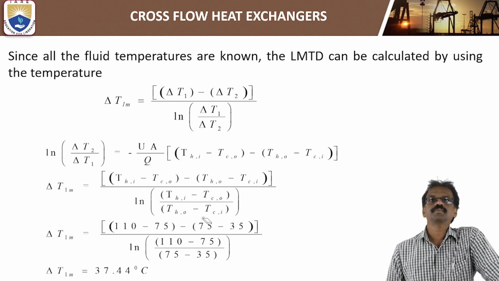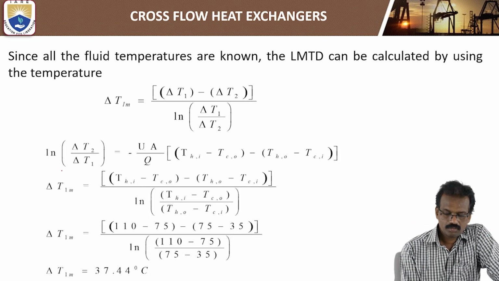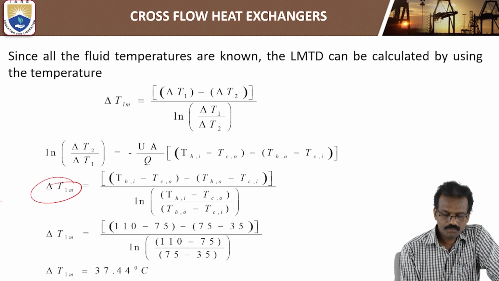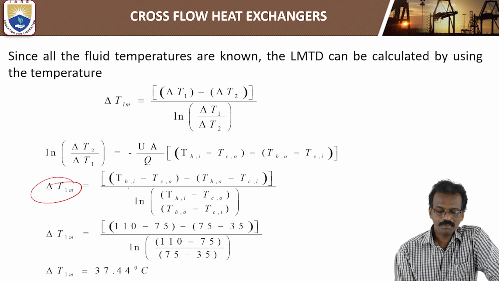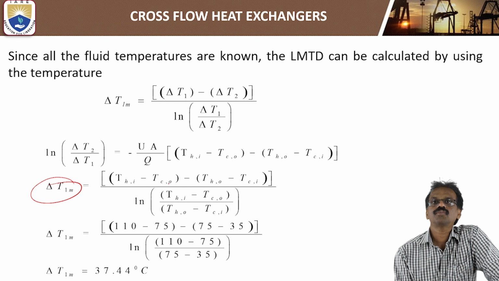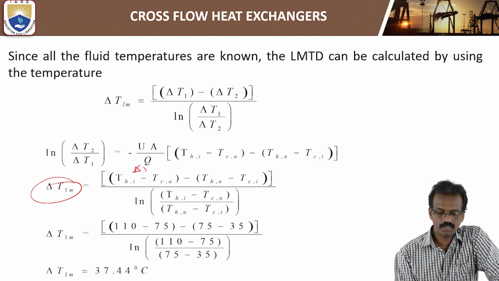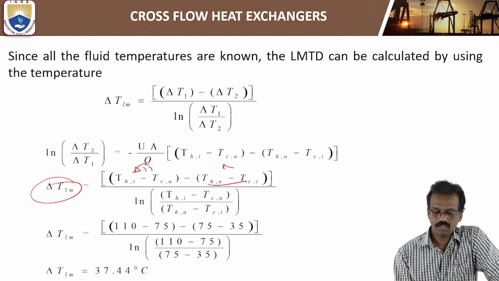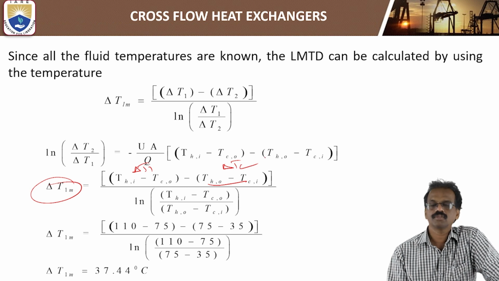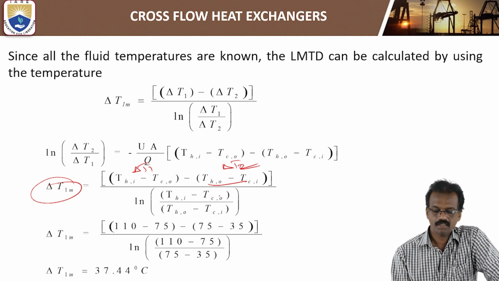So delta TLM is equal to, you know this formula, hot fluid inlet minus cold fluid outlet. So this is the delta T1, and this is the delta T2. You know the formulas. Ln delta T1 by delta T2. Substitute the values.